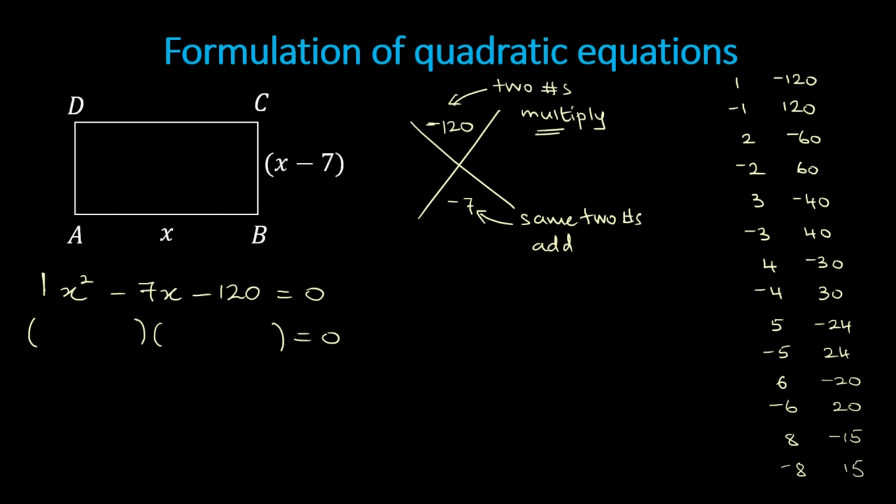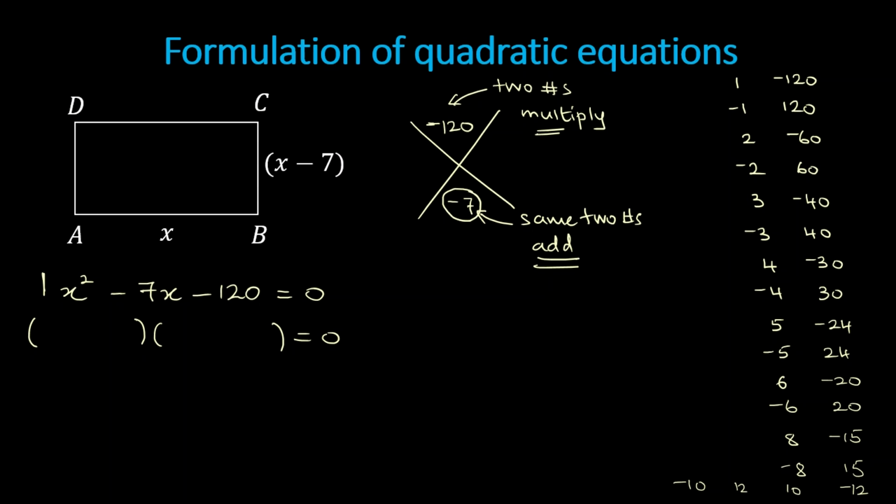I have also 10 times 12, 10 times negative 12. Let me write it here. Or negative 10 times 12. So these are the combinations. It's a pretty long list of combinations. Now from this we have to select two numbers which add to give negative 7.